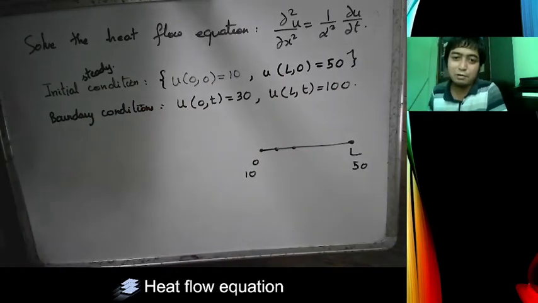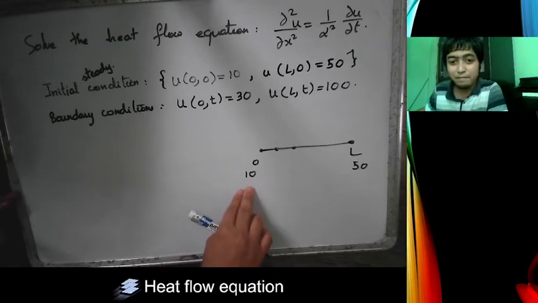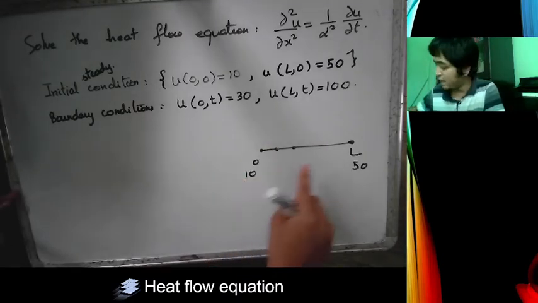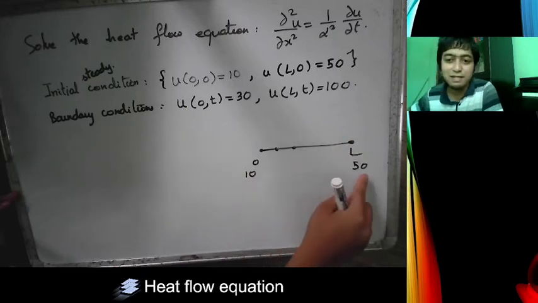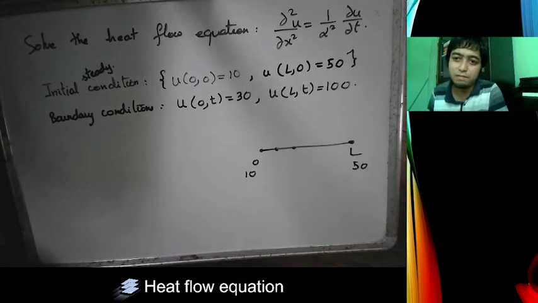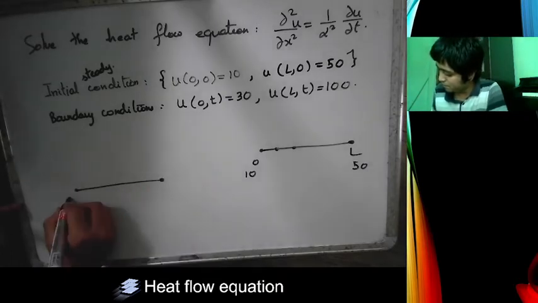Because just think about it. Initially, before the experiment has started, you have kept this end at 10, and the temperature of this one, let's say 50. So there will be some heat flow initially also. But because it has arrived at a steady state, let us think about this.